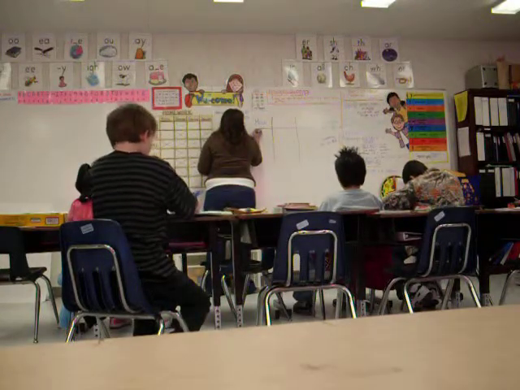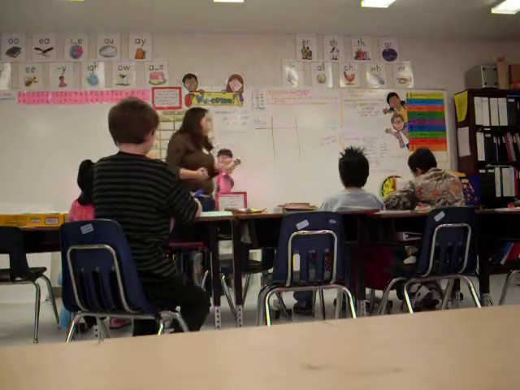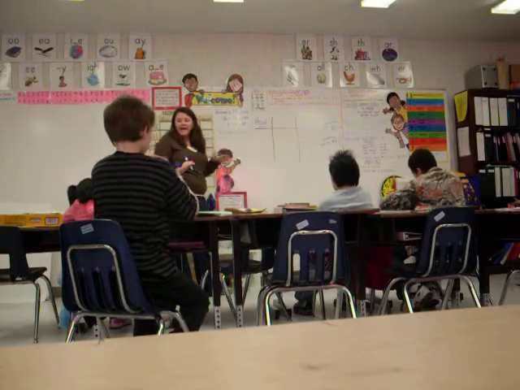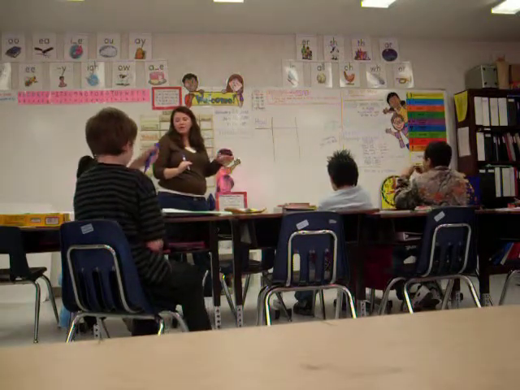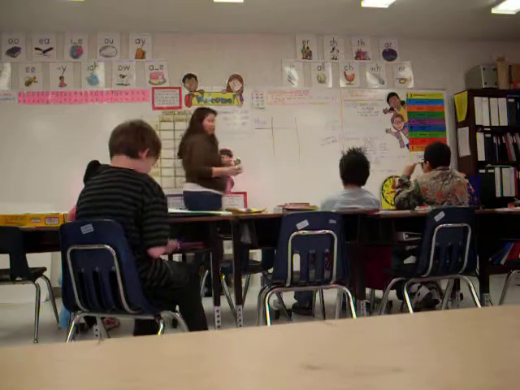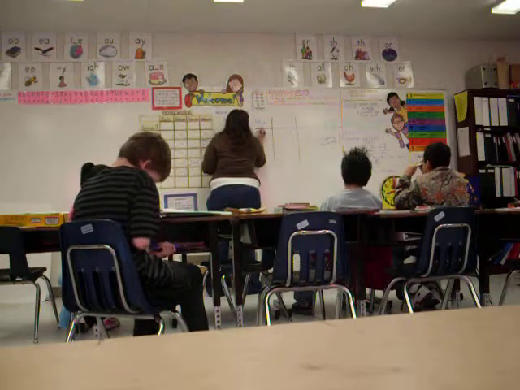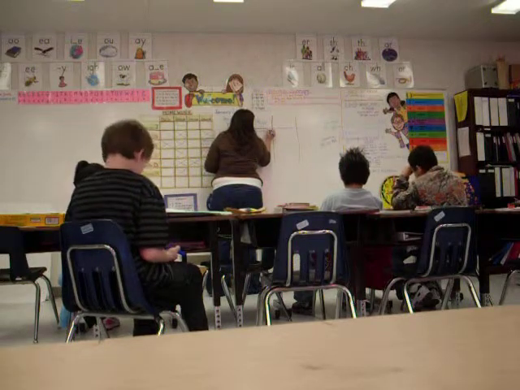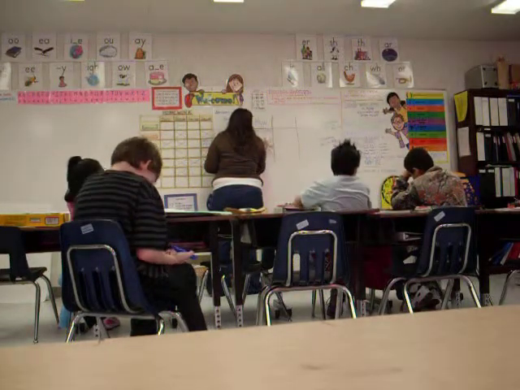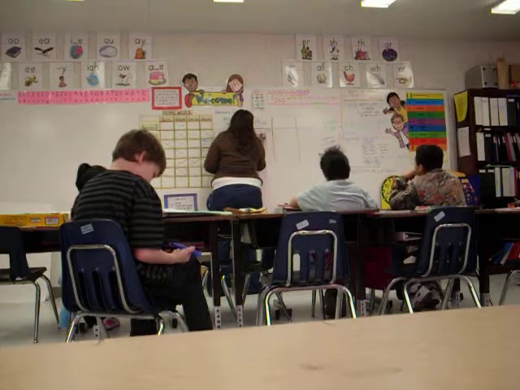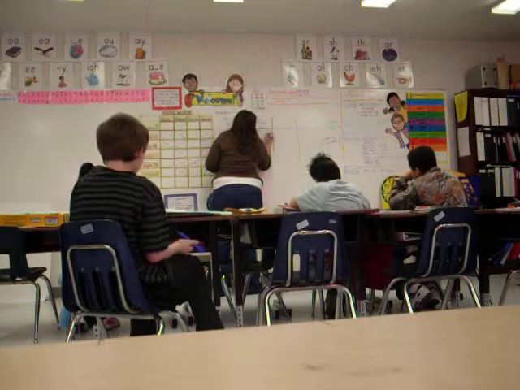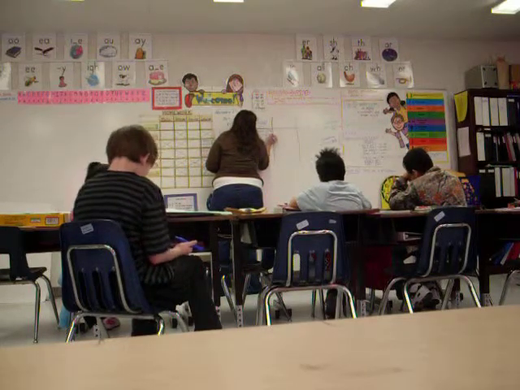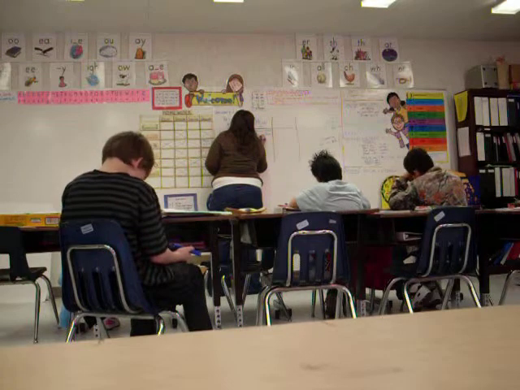Under that, just put a little dot because we're going to write, just so we can keep up with it, how. It answers how or tells how an action happened. So answers or tells how an action happened.